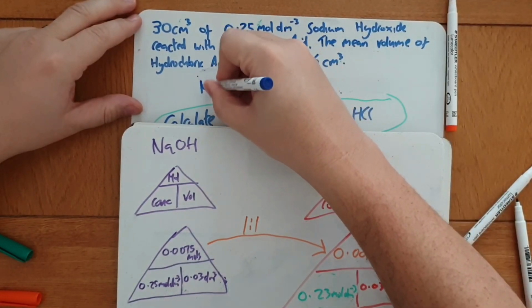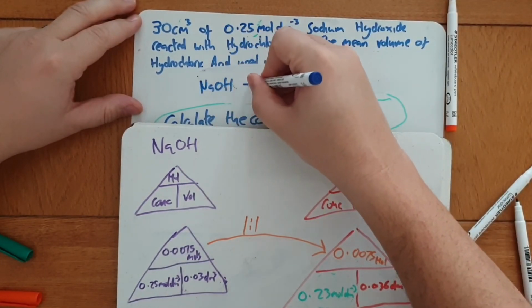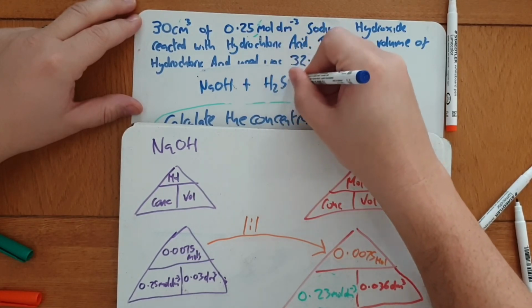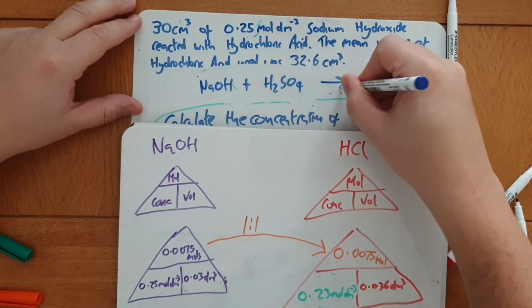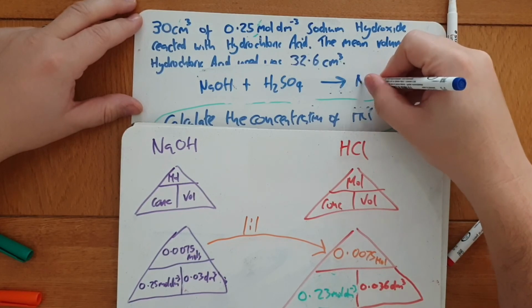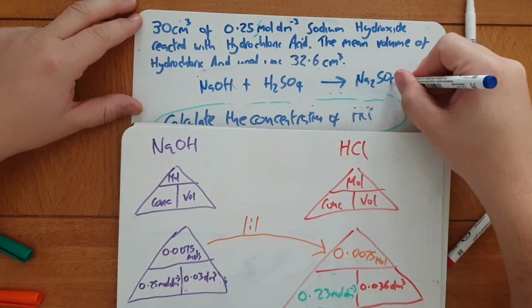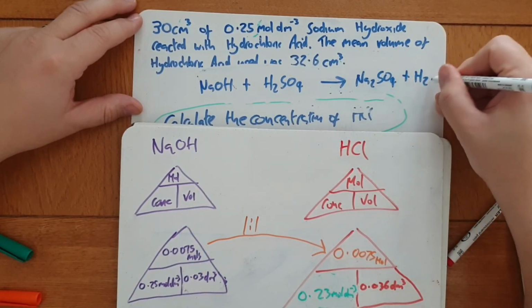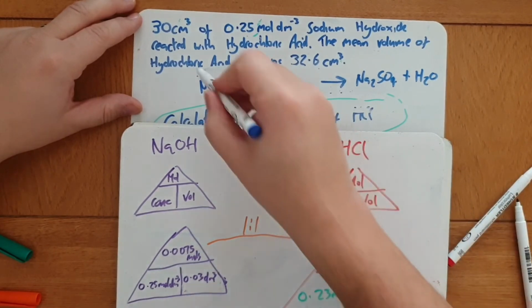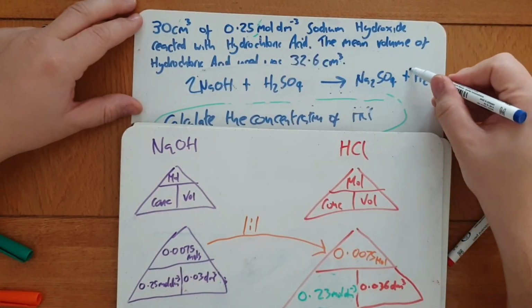So if we had NaOH plus H2SO4 goes to Na2SO4 plus H2O, and we need 2 of those, 2 of those.